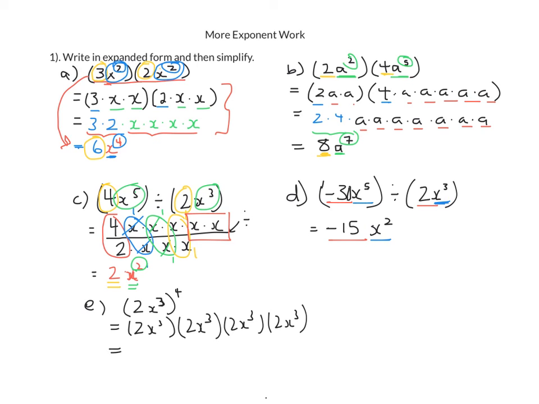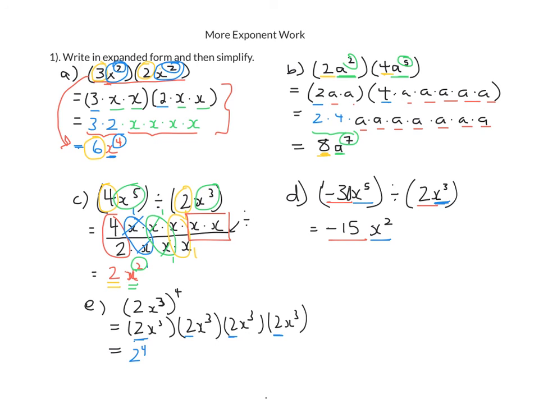So if I follow the multiplication like we did with part A and part B, I have a 2 multiplying a 2 multiplying a 2 multiplying a 2.